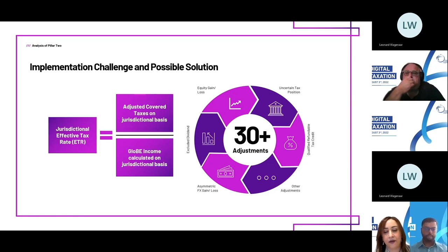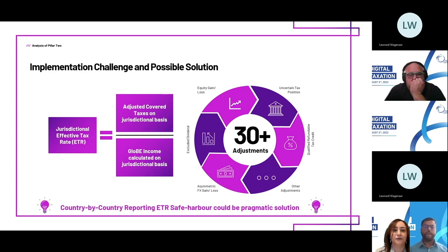So in our example, if out of the 50 jurisdictions, 30 jurisdictions have a simplified ETR of more than 20%, then those 30 jurisdictions are outside the scope of GloBE rules. This would ease the administrative burden of the taxpayer significantly and also reduce the administrative burden of the tax authority.